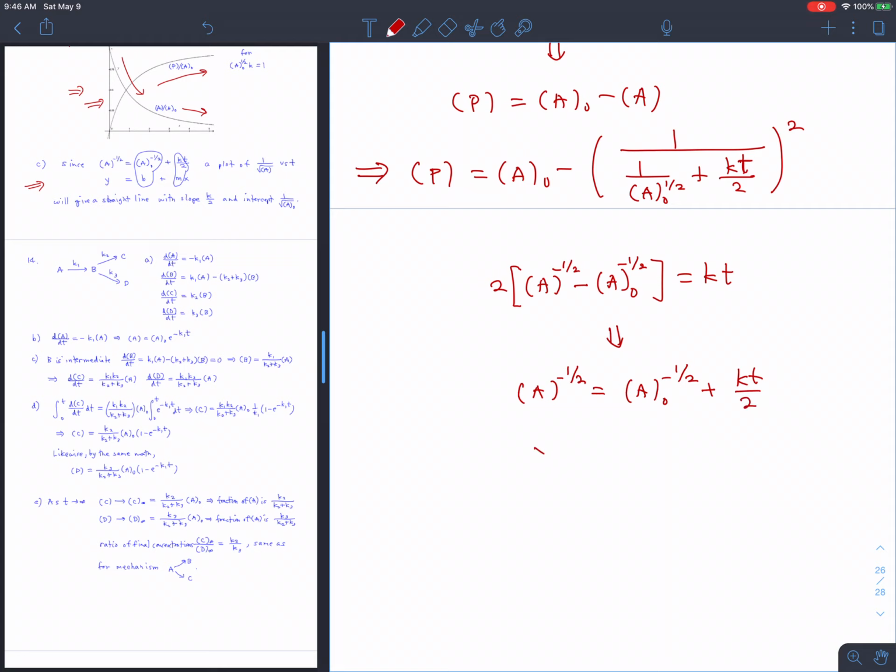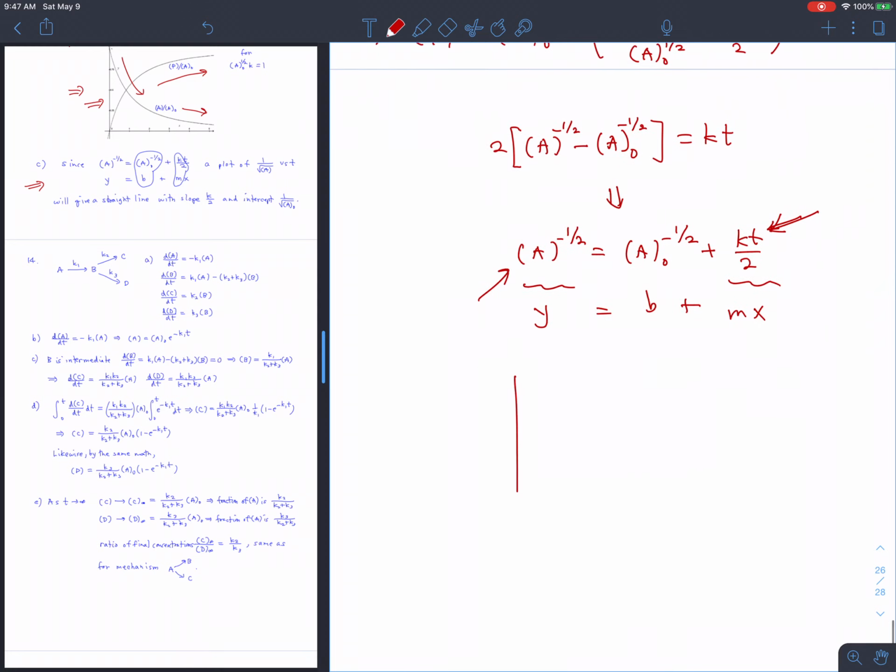And now if I say that this is y, and if I say that t is x, then this would be mx here, and then that would have to be b here. And so if I plot 1 over the square root of A versus time, I should get a straight line.